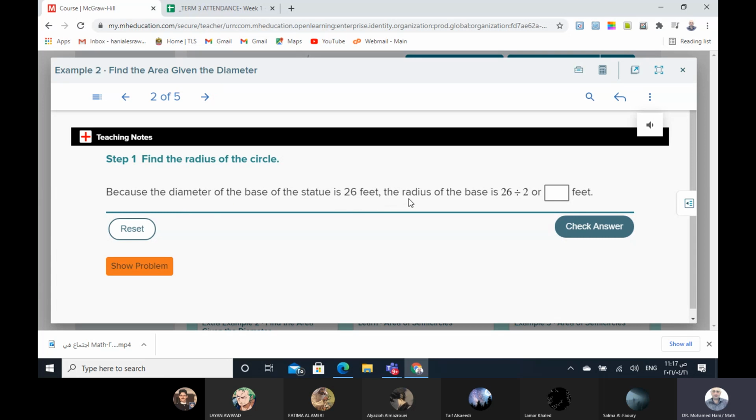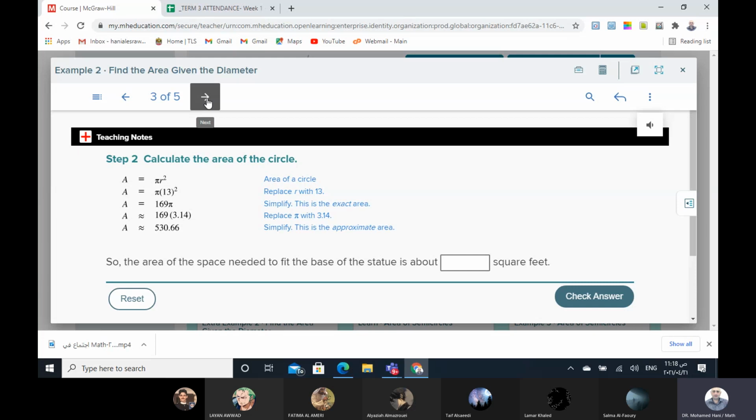The radius equals half of the diameter. So divide 26 by 2 to get the radius. 26 divided by 2 will be 13. Now we have the radius.